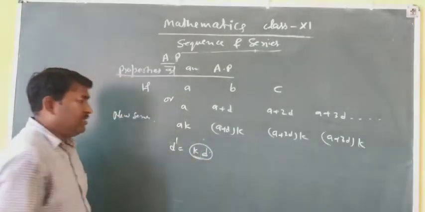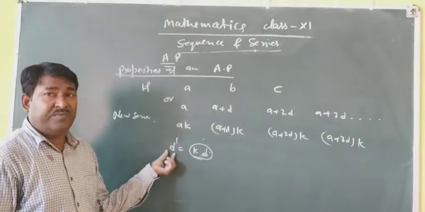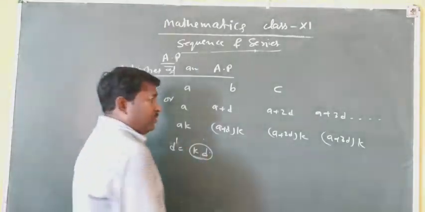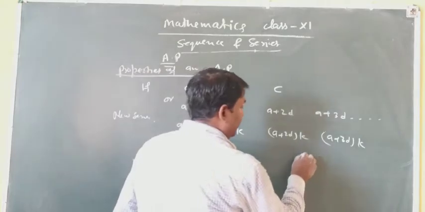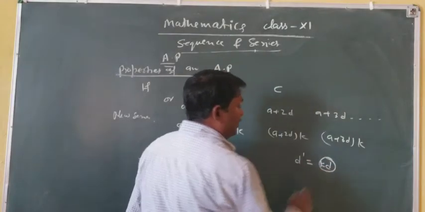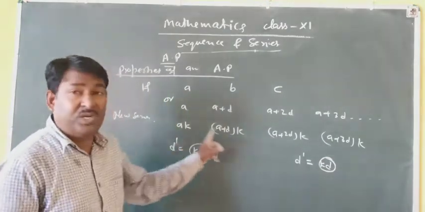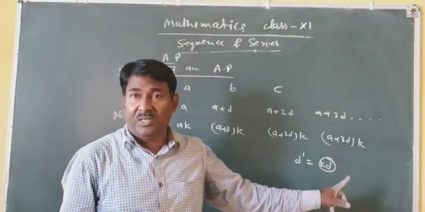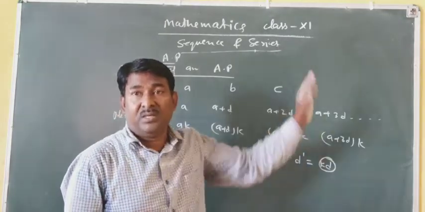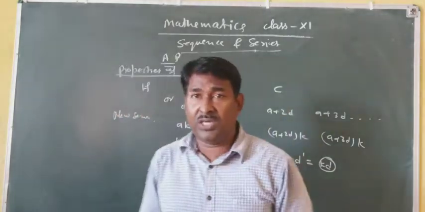Here d dash, so d dash is the common difference for the new series. It is k times the old common difference. If you find d dash again, you will get the same result. Means the new series is again in an AP, but its common difference will not be the same as in the case of the old series.